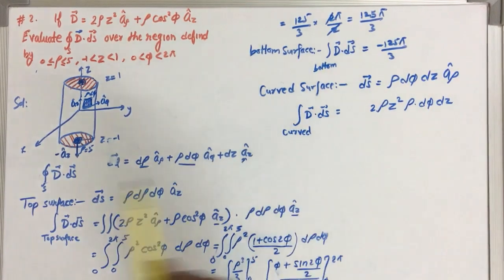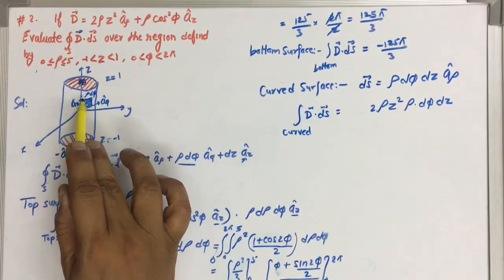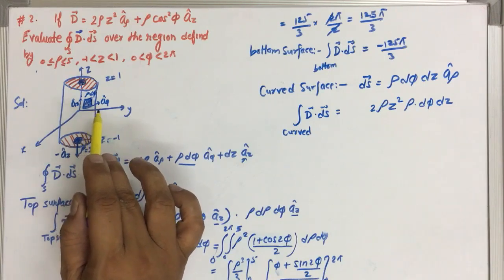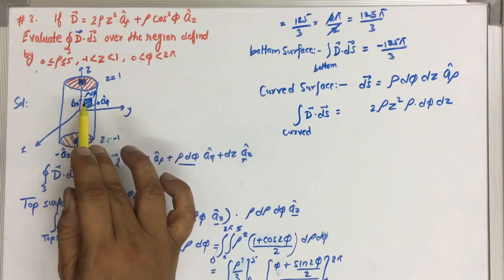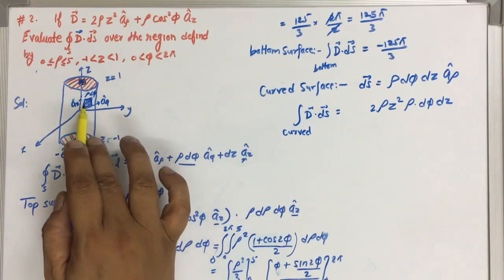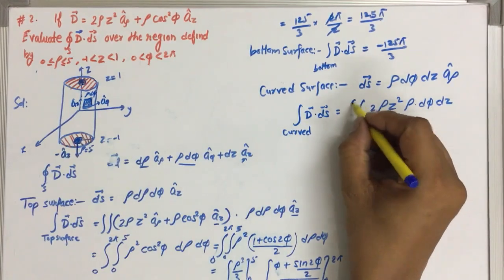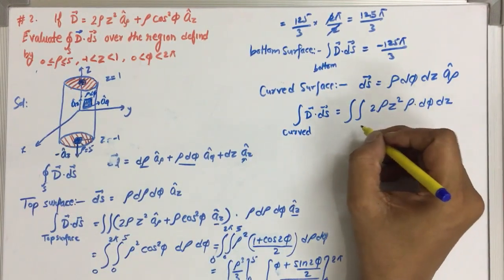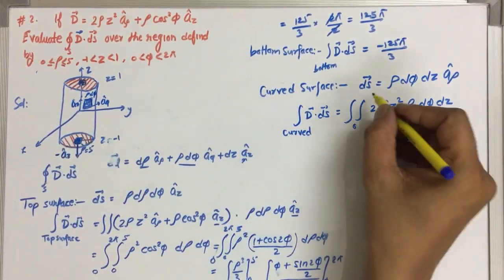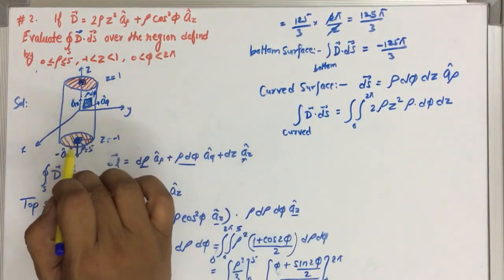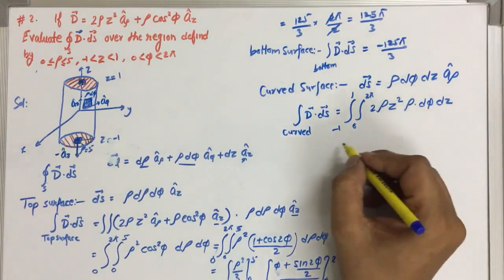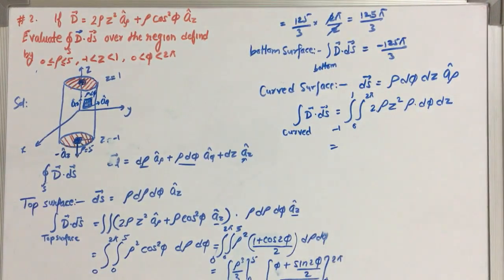What quantity is changing? For the curved surface, the radius rho remains the same, and the variation occurs in phi and z. Phi varies from 0 to 2 pi for the full surface, and z varies from minus 1 to plus 1. Hopefully it is clear. Now just integration is left.